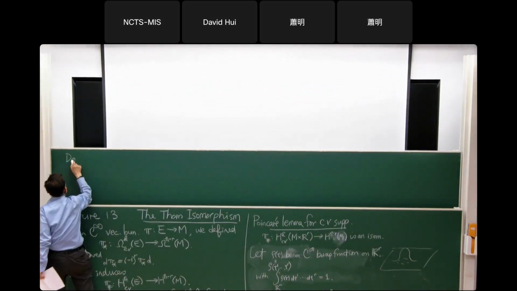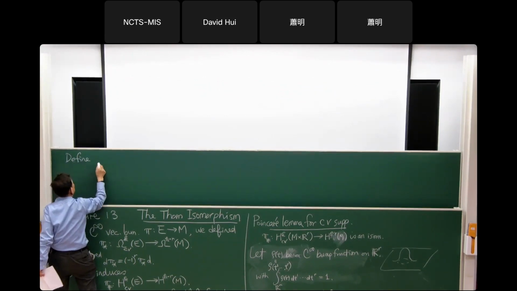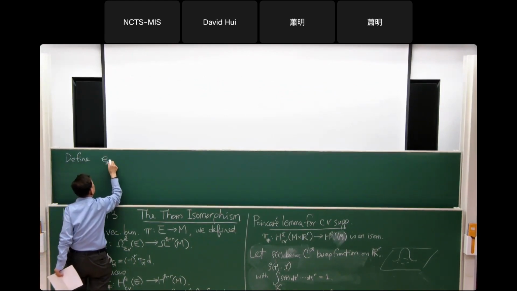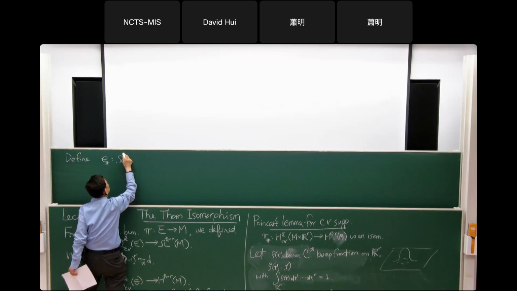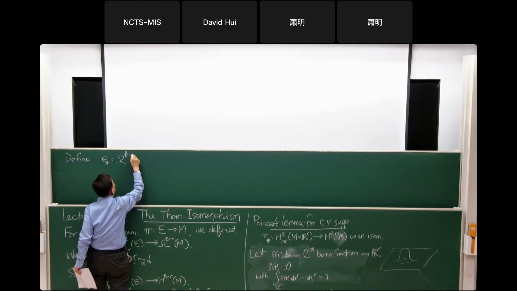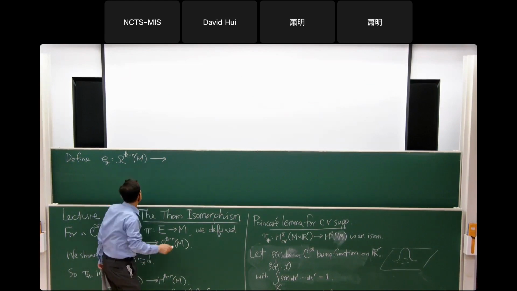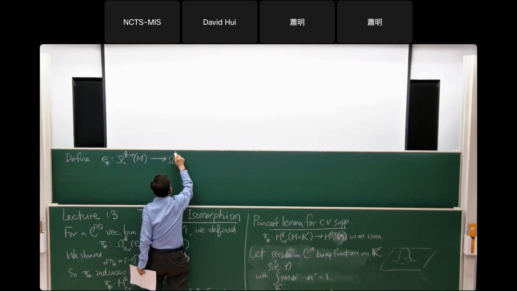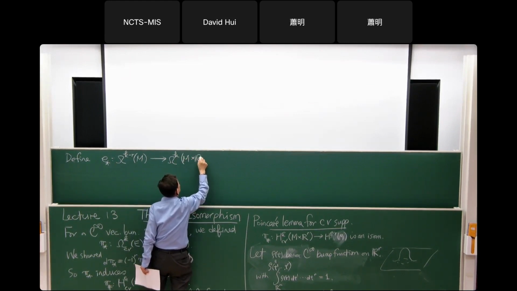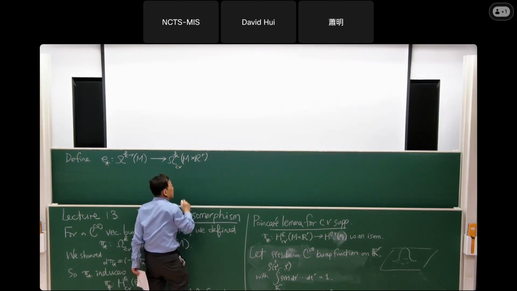So you define E lower star from Ω^(k-R) forms on M to Ω^k forms on M cross R^R with compact vertical support.